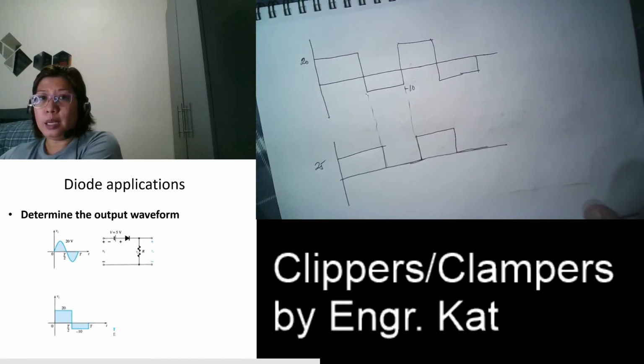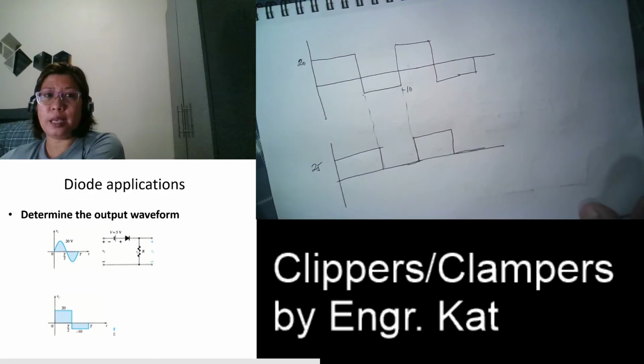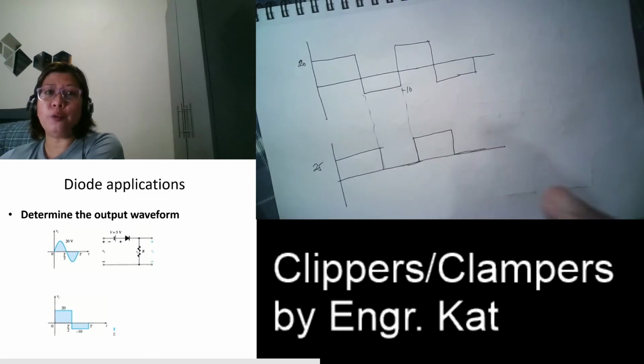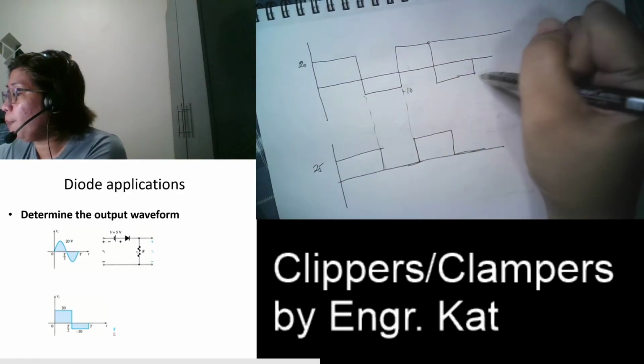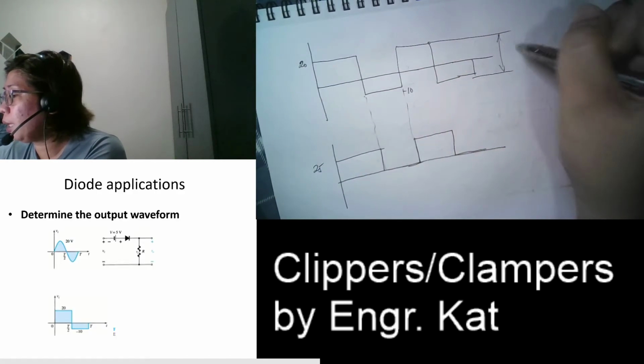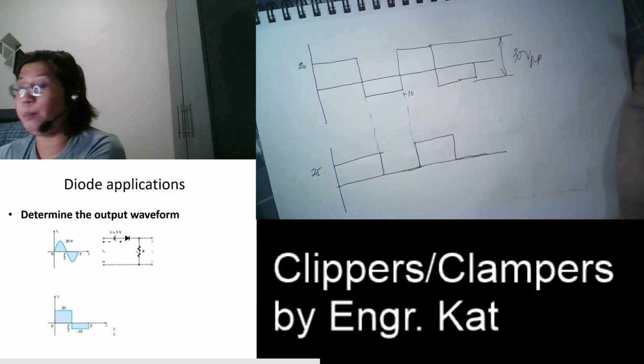So you might say that we just remove all the negative half. No, we didn't remove all the negative half. We just remove a portion of the negative half. Okay? So how do we know that? If we get the peak to peak value for this, it is equal to 30 volts peak to peak.